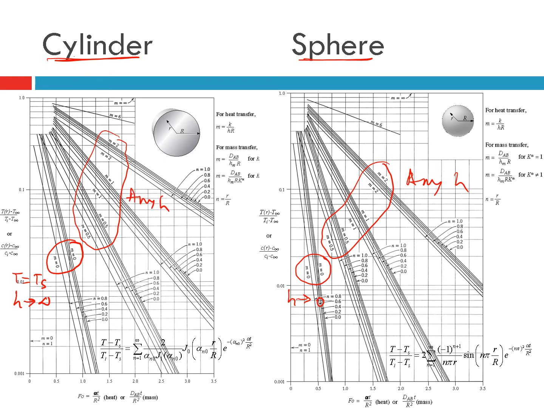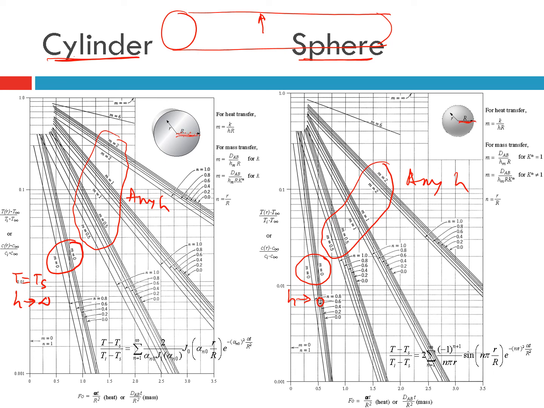Okay. So that means we now have a way to calculate temperatures at any point and at any time for a long cylinder, where only the radius matters, and for a sphere, where the radius of the sphere matters.